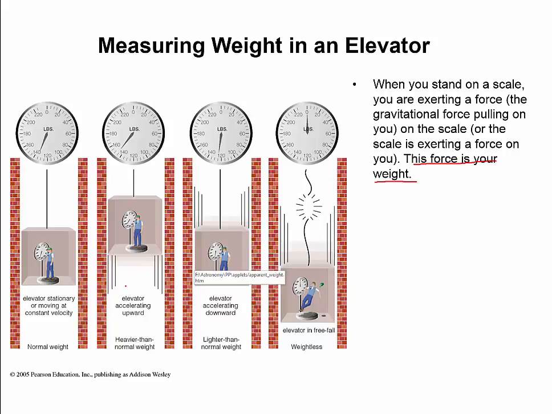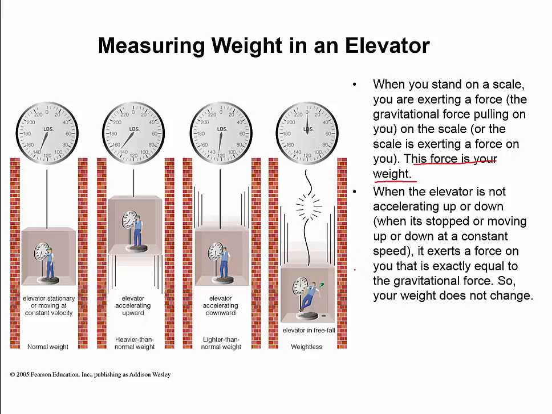Because you will be pressing harder on the scale. Whereas if it is accelerating downward, it will actually read less because you're not pressing as hard. And if the cable breaks and the elevator and you fall freely, the scale will not read anything because you're not really pressing on it. You are weightless. All right.